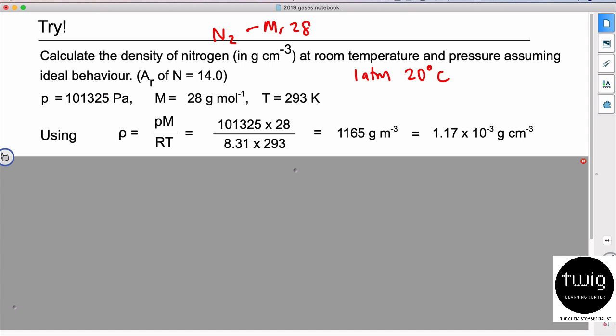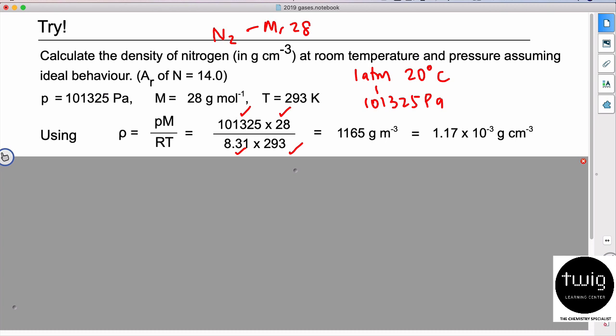So 1 atm is 101,325 Pascal. Use this value, molar mass is 28, R is 8.31, and temperature is in Kelvin, so plus 273. Check, you get 1165, actually in grams per meter cube.